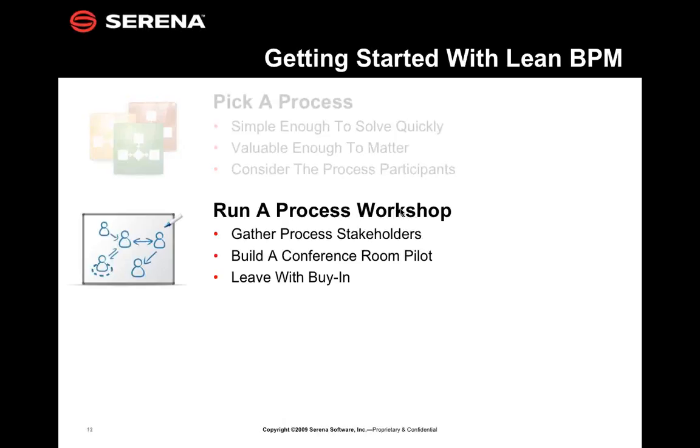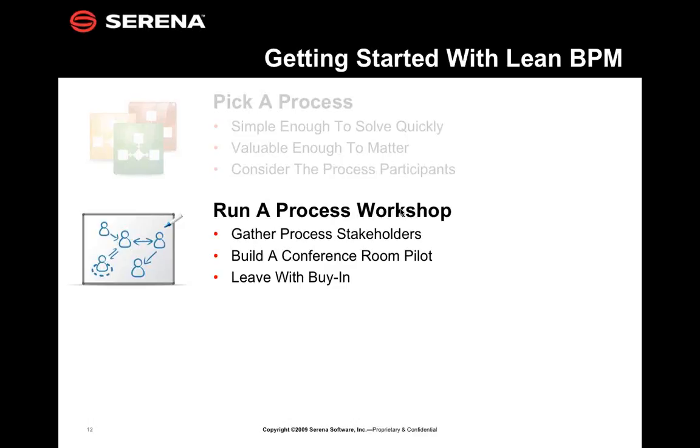Step two, what we recommend is that you run a process workshop. Now, this should be a few hours, an afternoon, not something that you do for weeks and weeks. Once again, this is why it's important to pick your process carefully. But gather your process stakeholders together and begin by sketching out the process on a whiteboard.